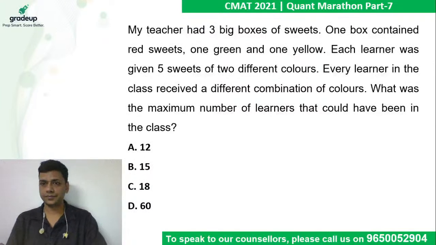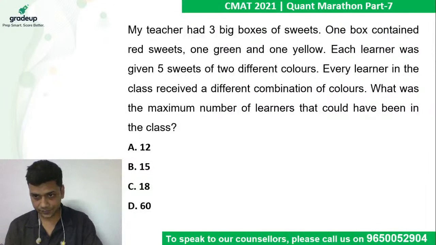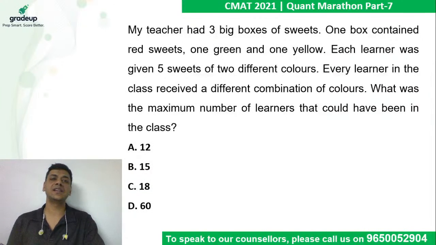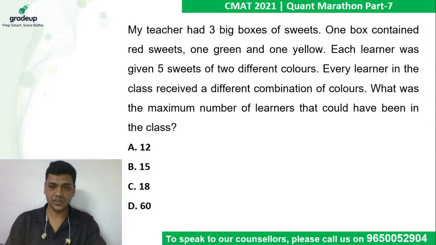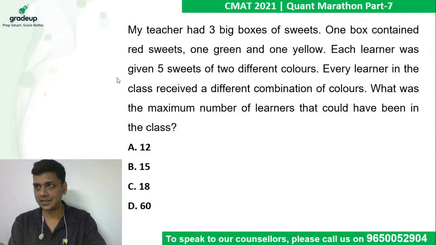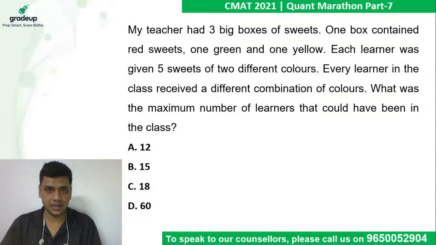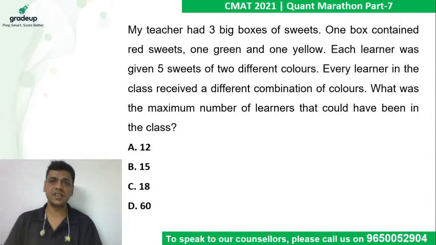Okay, so Yogesh, these are the standard of questions which are there in CMAT and CET. In fact, in CET you can expect even easier questions. Now the question is, there are 3 boxes containing sweets of 3 colors.